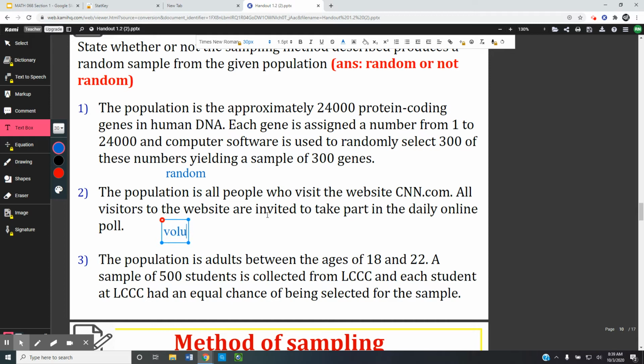And a volunteer basis is never good, because the only people who respond are those very strong or very negative about whatever the topic happens to be. So this is a non-random sample.